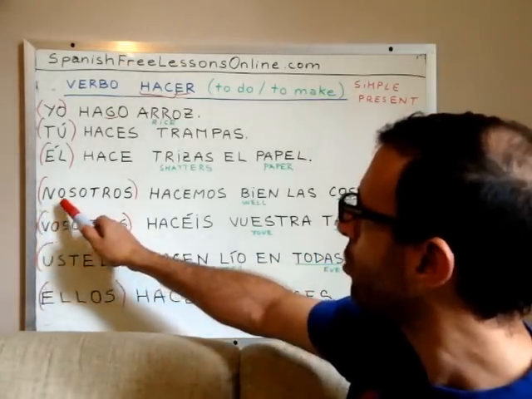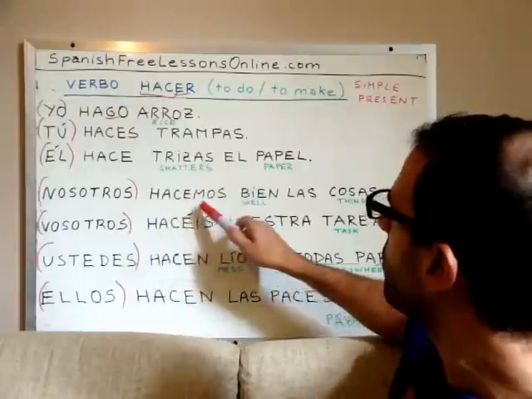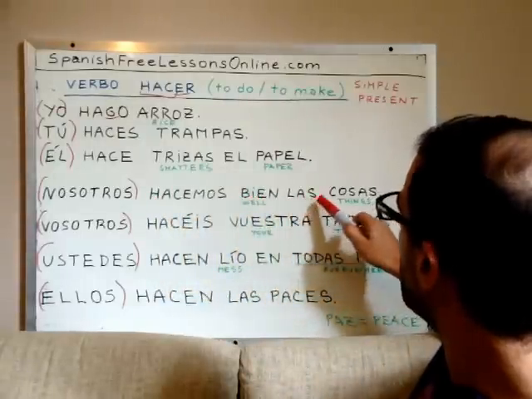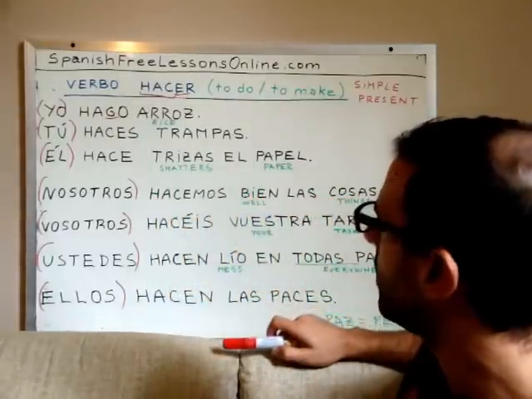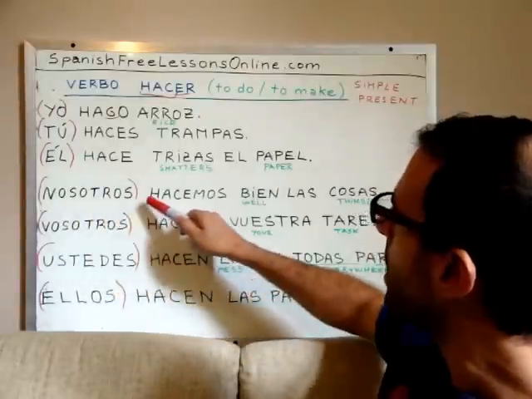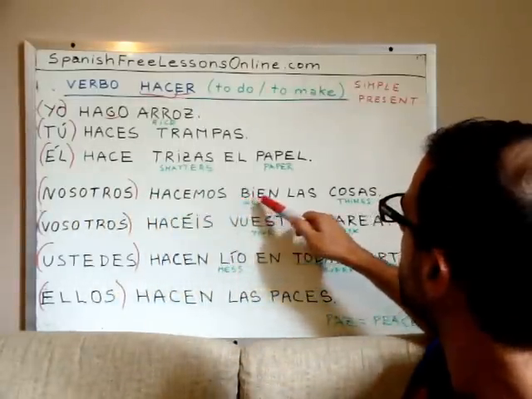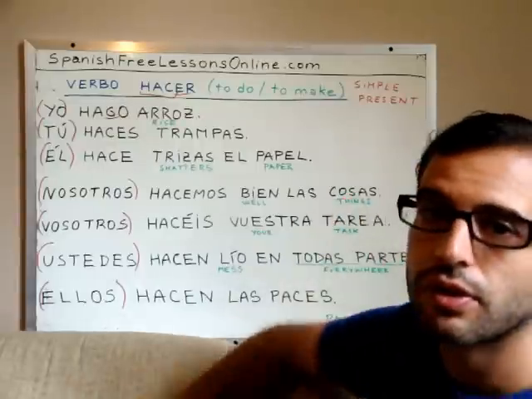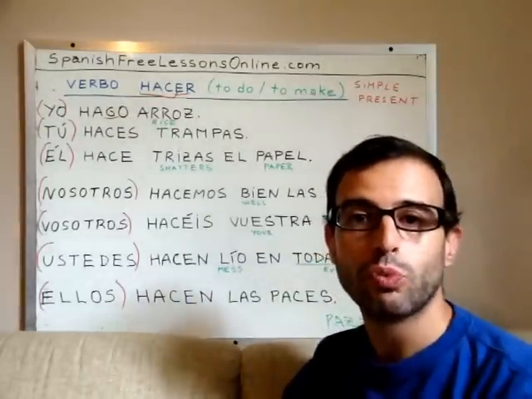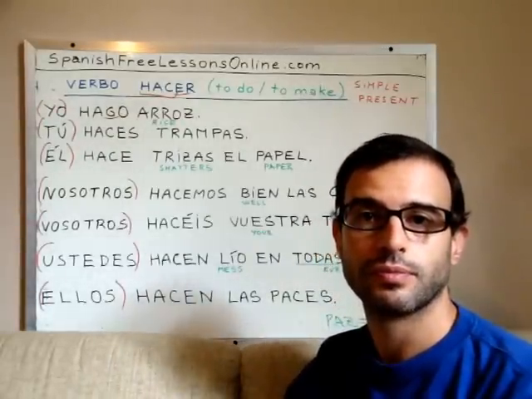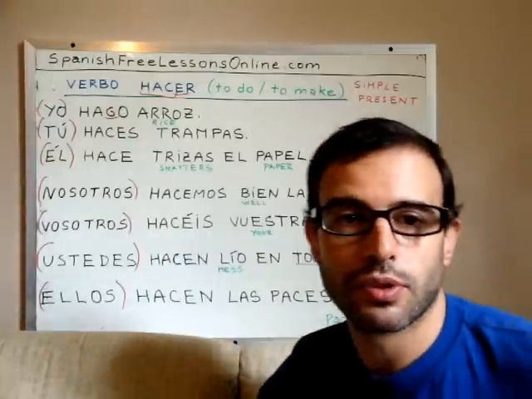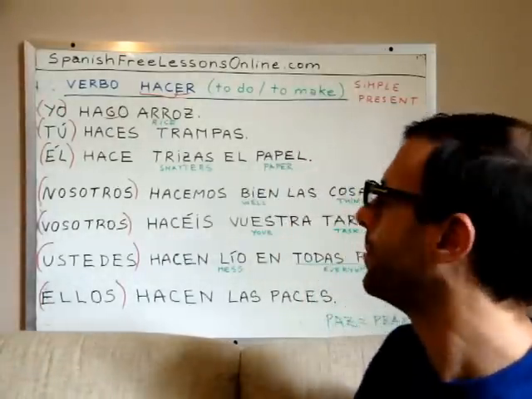So, nosotros hacemos bien las cosas. This means we make or do well the things. That would be we do things well. It's a statement. We do things well.